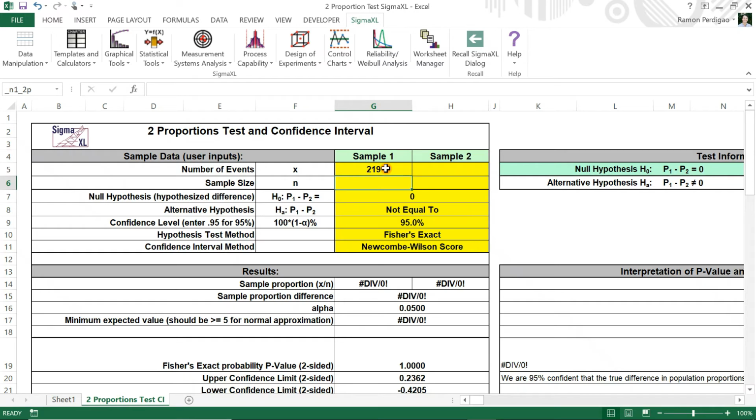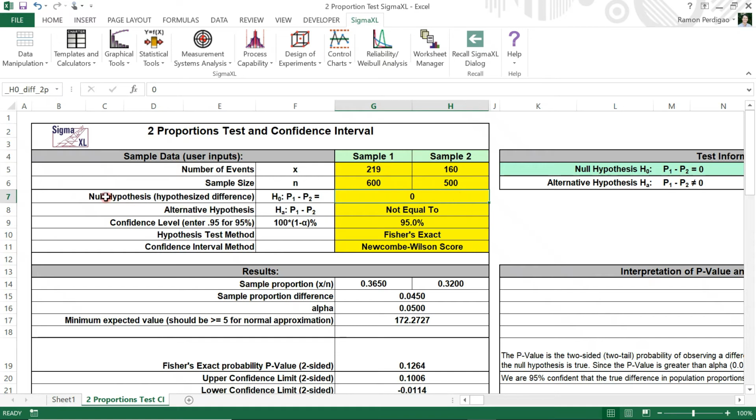So 219 yeses, successes, events, people that said, yes, I like your cookie, out of a sample size of 600. So that's the most recent year. And then the previous year, 2015, we had 160 yeses or successes out of 500. So that's just the data that I had set up in the exercise.